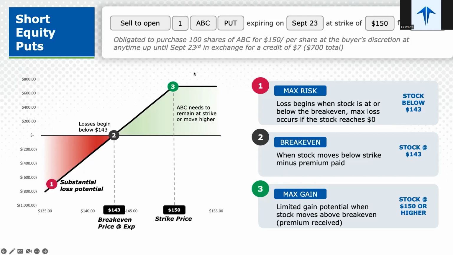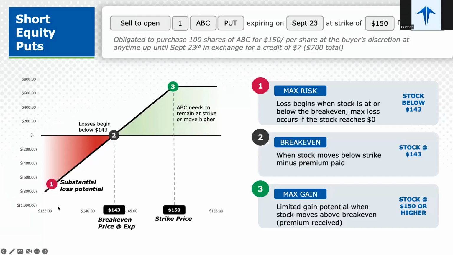If ABC is above the strike price, then we're at max profit because it doesn't make sense to execute upon the terms of that contract. And then the in between just becomes our risk zone. We'll start losing our profit potential as it declines to 143 because we're obligated to buy at 150 if somebody wants to sell at 150.